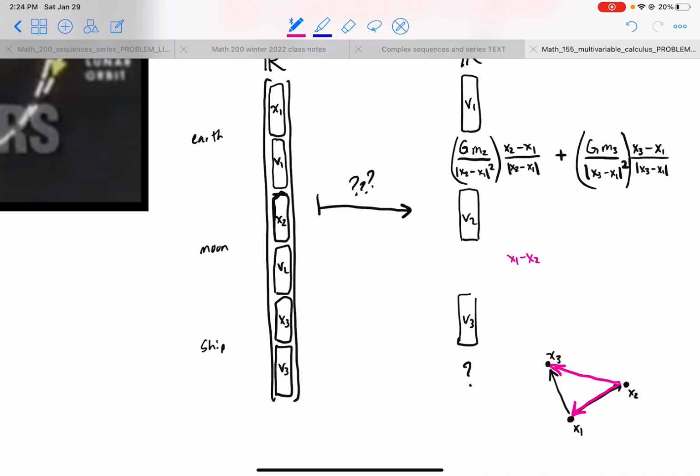And then I add to it from the spaceship, x3 minus x2. I might as well make these unit vectors so we won't get the distances wrong, so I normalized each of them. Now I put this constant, g, and the Earth's mass, because this is the Earth pulling on the moon, and the square of the distance. And then here we get g and the spaceship mass, which will be very small, and the square of the distance.